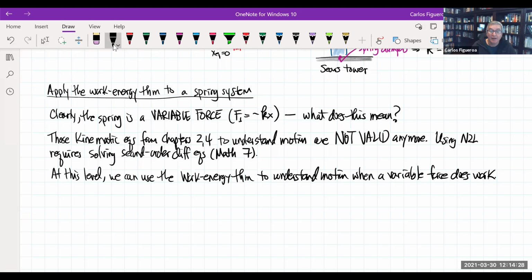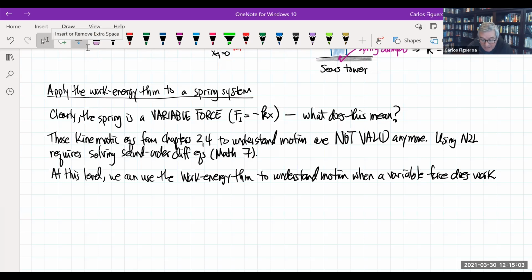I'm going to break it up where the cart is going to move away from the equilibrium to the right, and then it's going to stop. And then I'm going to look at motion going back towards the equilibrium. That's going to be case 2. So going to the left is the same as going to the right. So here we go. Let's go look at this thing here.